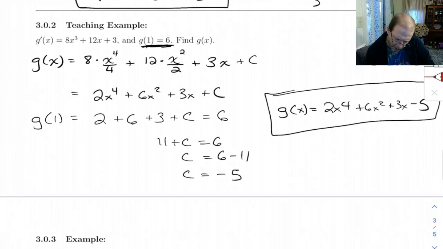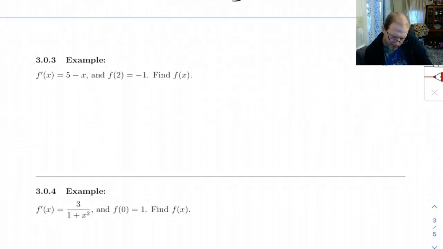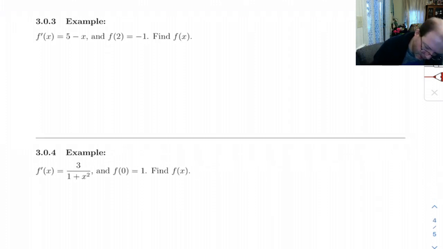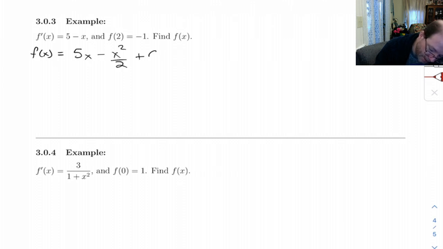All right, I want to do a couple more of these. This one right here, f prime of x is 5 minus x, and f of 2 is negative 1. All right, so f of x, antiderivative of this, 5 gives me 5x. X gives me x squared over 2. I get my plus c.